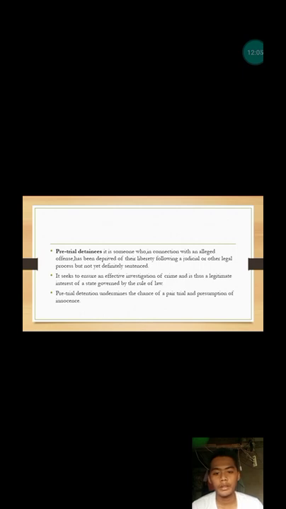However, pre-trial detention undermines the chance of a fair trial and the presumption of innocence.